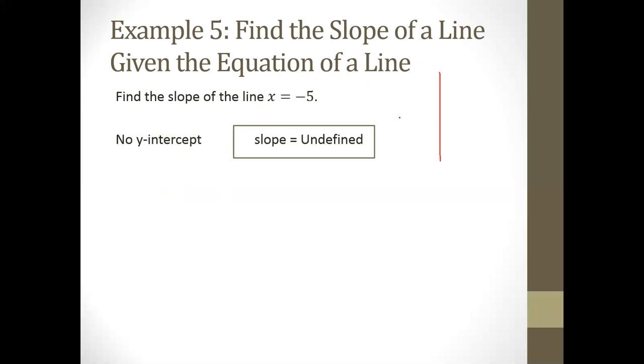You want to imagine a coordinate plane where on the x-axis we have 1, 2, 3, 4, 5. We're at negative 5. The line that goes through x equals negative 5 is this vertical line up and down through negative 5. It never touches the y-axis. Because this line never touches the y-axis, our slope is undefined. It doesn't exist.